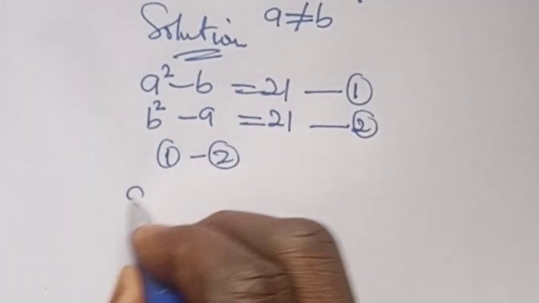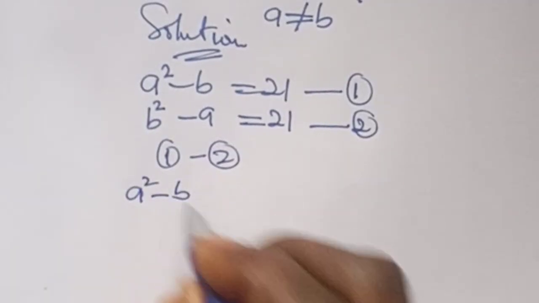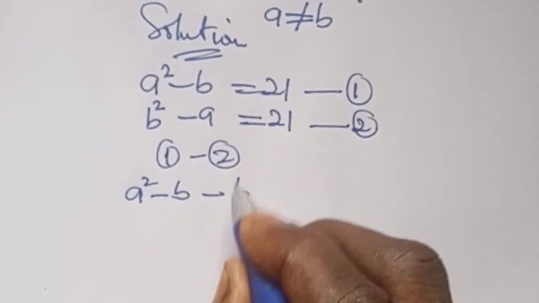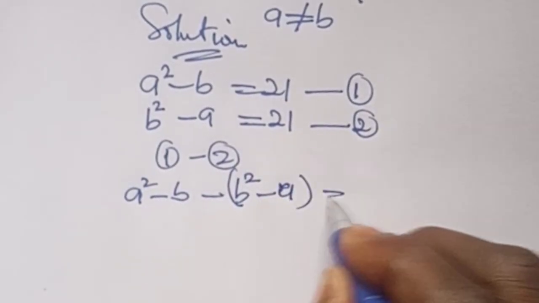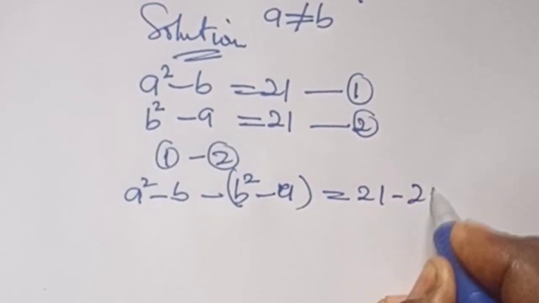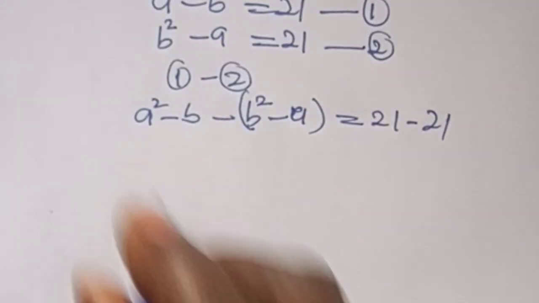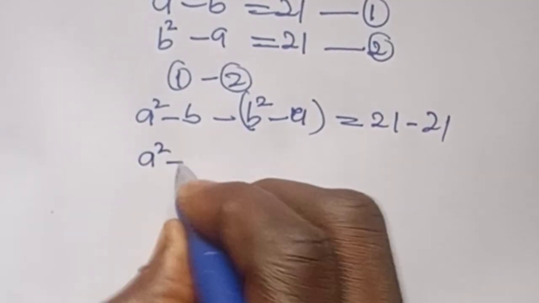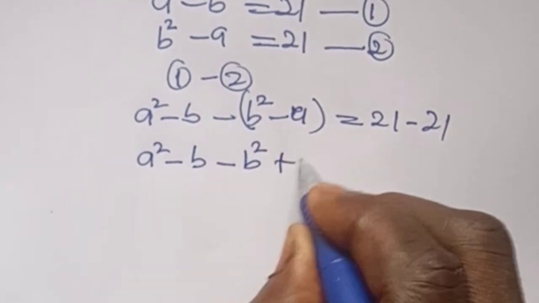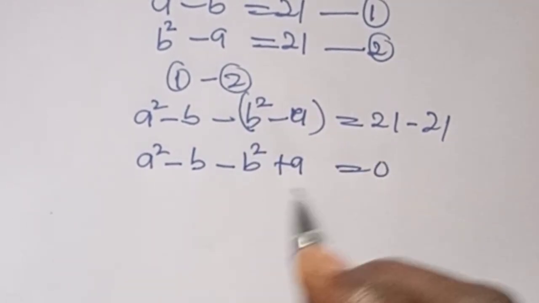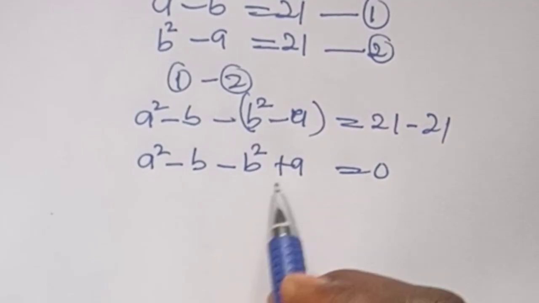And this will become a to the power of 2 minus b minus, let's put in a bracket, b to the power of 2 minus a equals 21 minus 21. So that here, a to the power of 2 minus b to the power of 2 plus a equals 0. Minus times minus is plus.